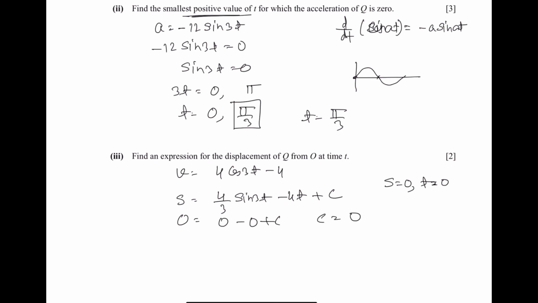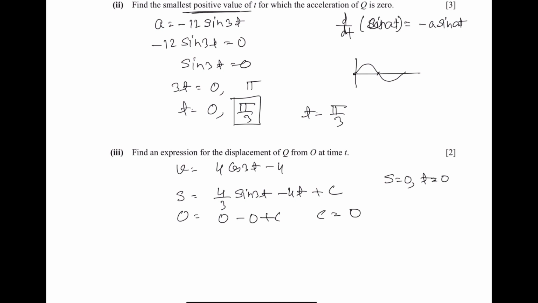That means s equals 4 by 3 sine 3t minus 4t.